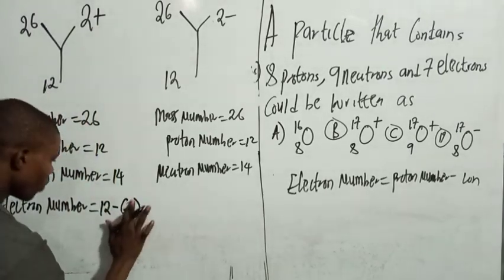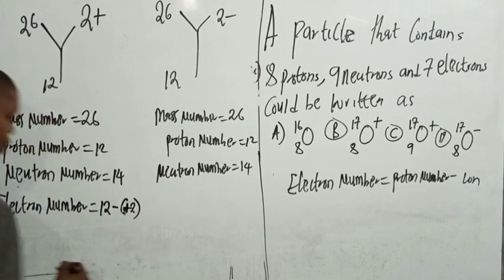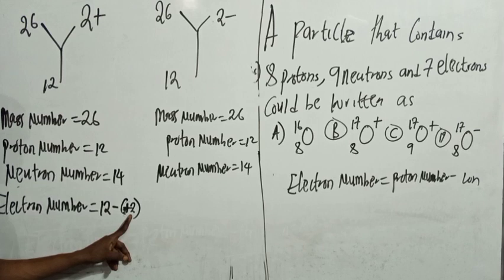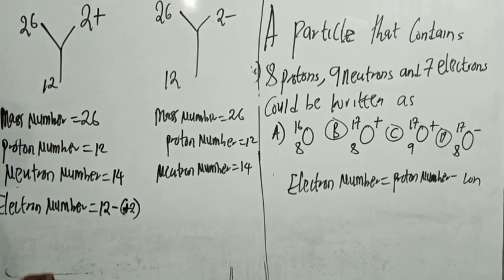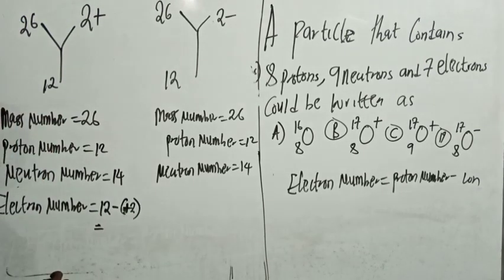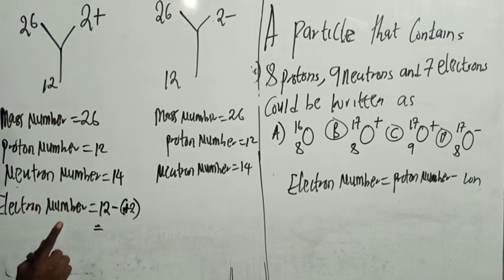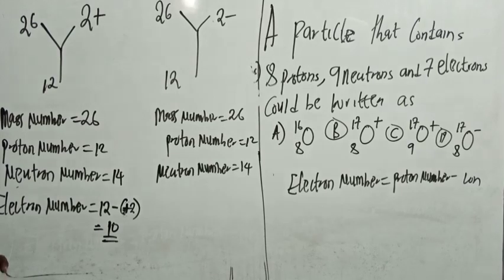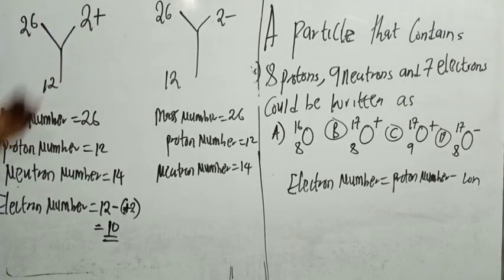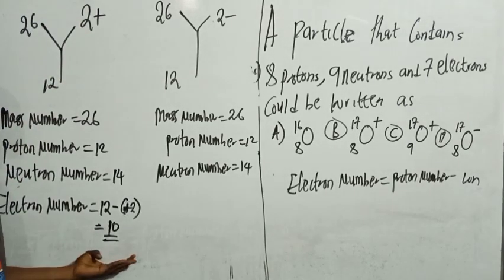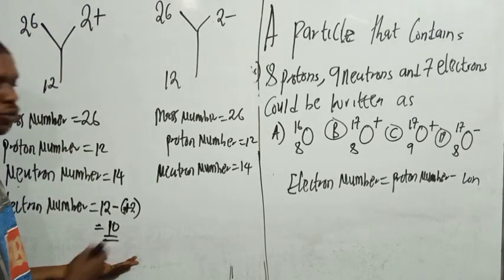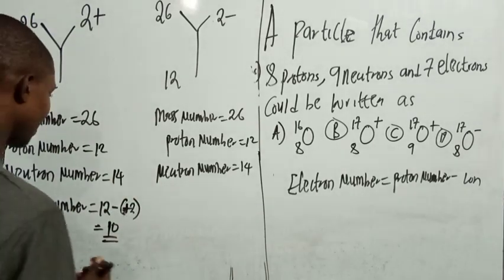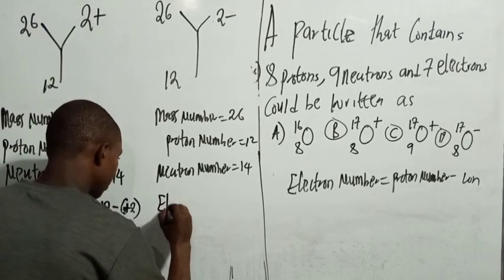Minus times plus is minus, so 12 minus 2 gives me 10. It means that because of this 2 plus, my electron number has reduced to 10. It has lost 2 electrons. Do you get that? It has lost 2 electrons. If I apply the same thing here, electron number.